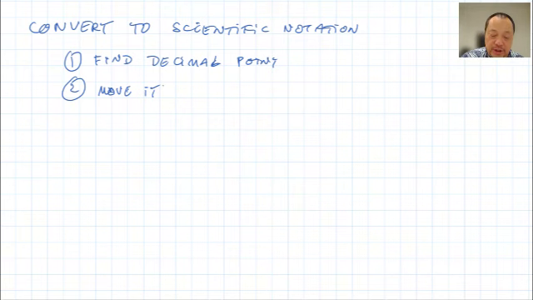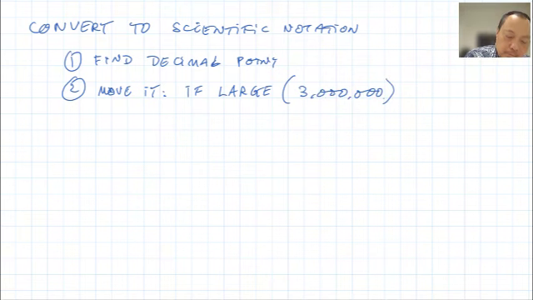If the number is huge, for example, 3 million, the invisible decimal point is here, and you need to move it over there. That means you need to move it to the left.